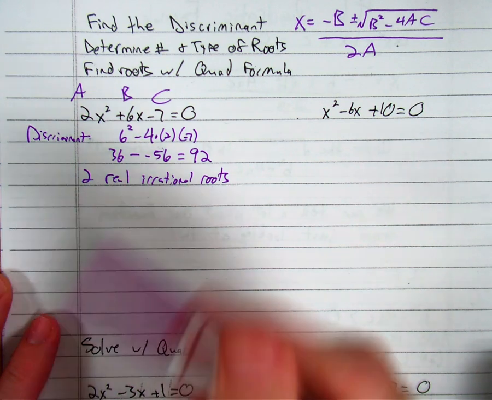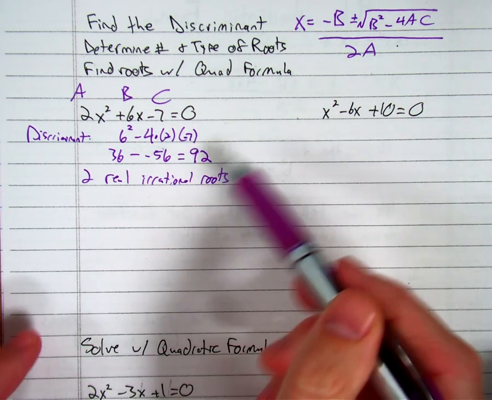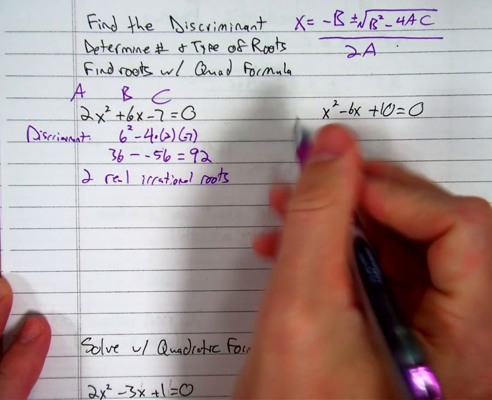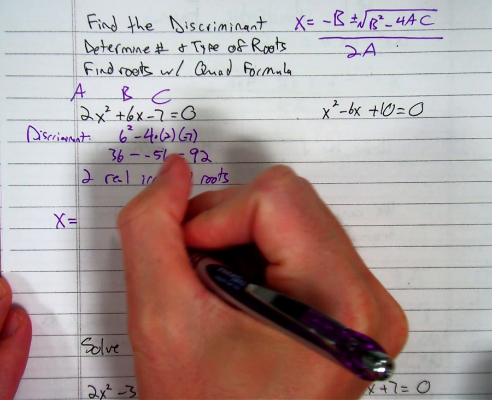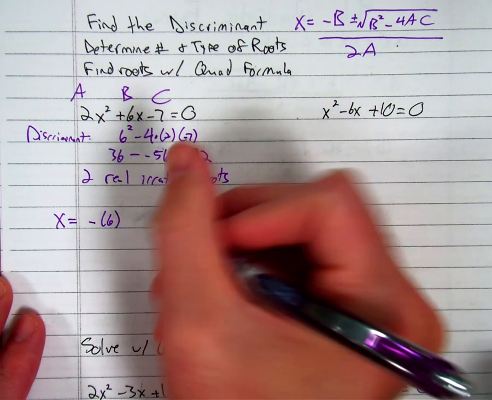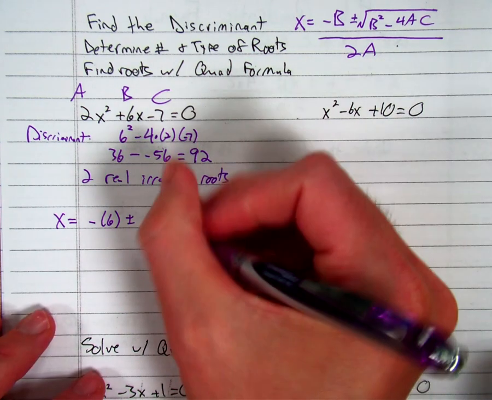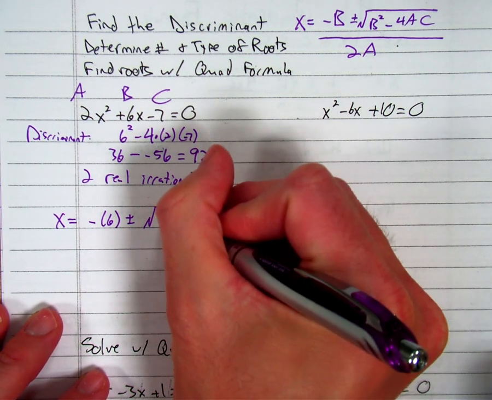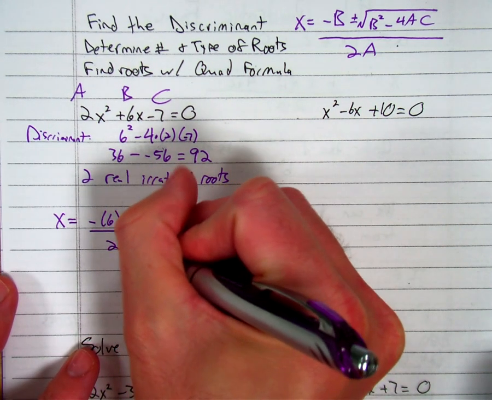All right, so we've got our discriminant, we've got our types of roots. Now let's do it, and you'll see the nice part of doing this early. Negative b, so negative of our 6, plus minus that square root. But we already did all that, the b squared minus 4ac, and we know it's just 92, over 2 times our a.